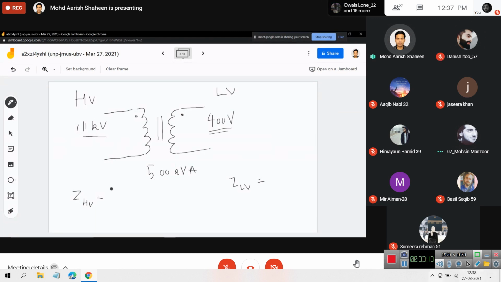Yes, it is voltage base squared, so it will be 11 kV squared.